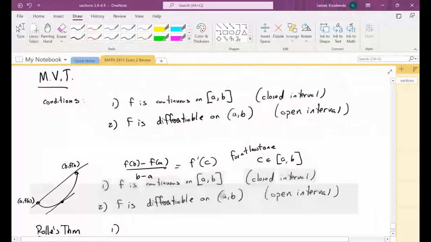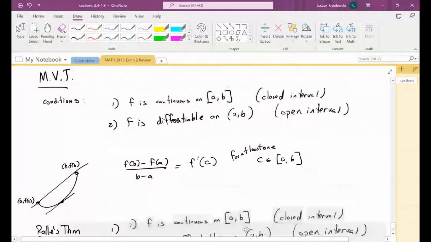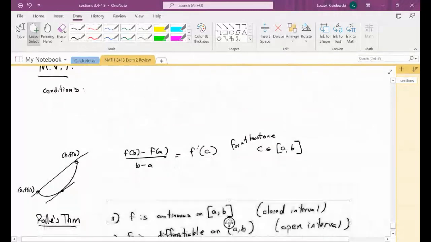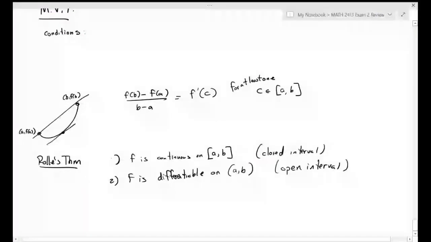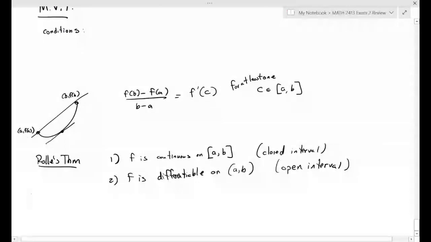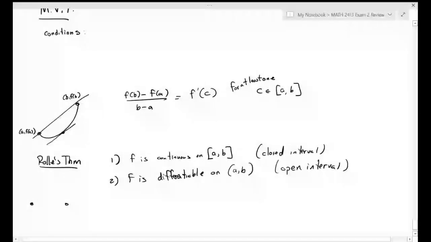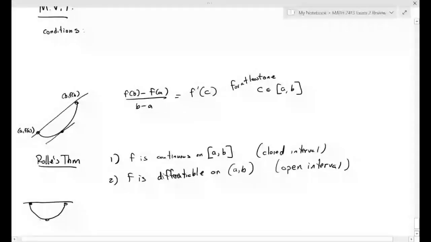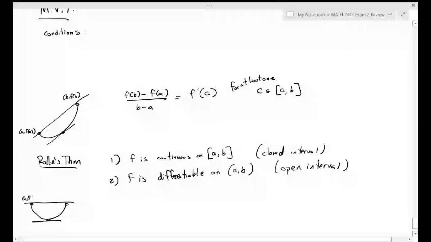All right, I'll just move that in. Condition 11. Right, Rolle's theorem is just when the secant line is horizontal. So we have to have the additional condition that f of a is the same as f of b, so that the slope of the secant line is 0.